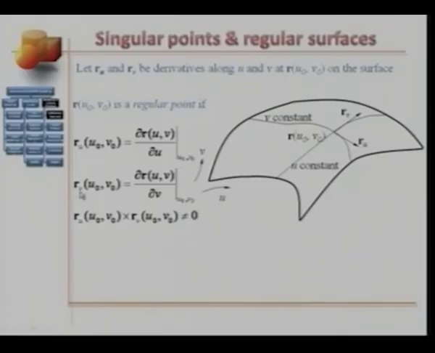R sub v is given by partial r over partial v, again evaluated at u sub 0, v sub 0, and the cross product between these two directions is not equal to 0. Once again, what we are saying is that point R of u sub 0, v sub 0 will be a regular point if these directions exist mathematically, and that the cross product between these two tangents is not equal to 0.